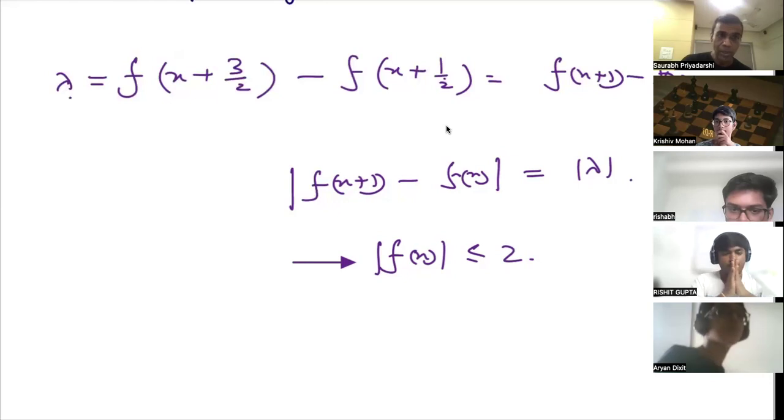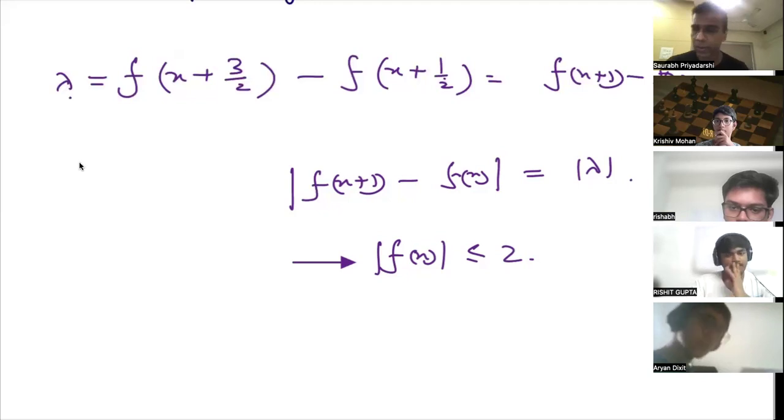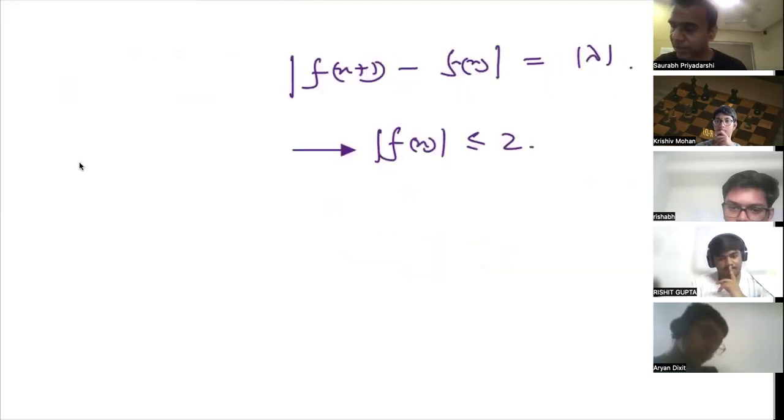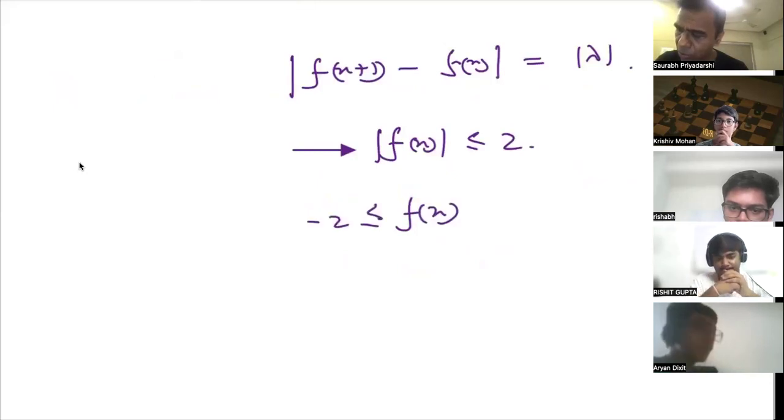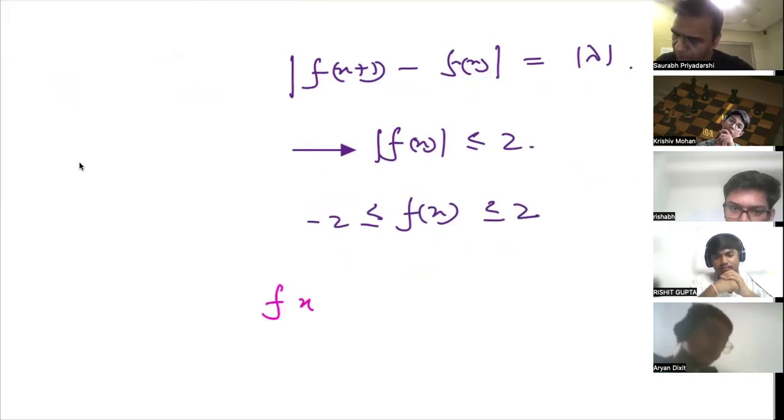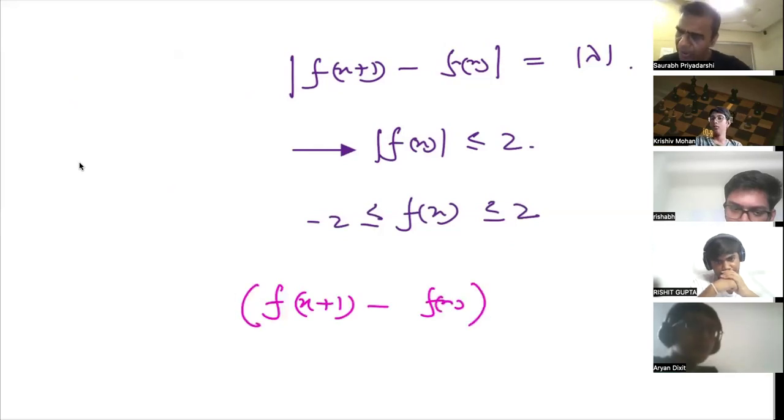But it is not given that this is a polynomial. So if f(x) is given in this way, can I write f(x) lying between -2 and +2? Then what can I say for f(x + 1) - f(x), where will this value lie?